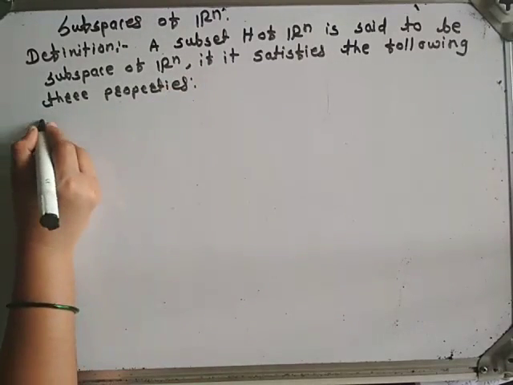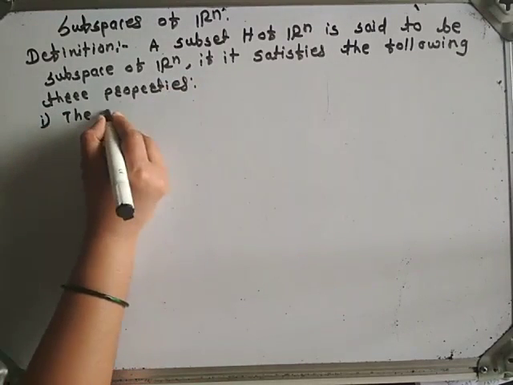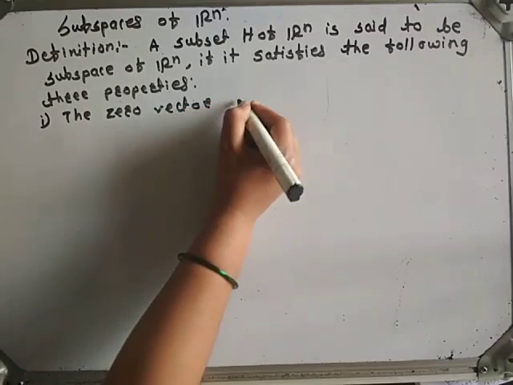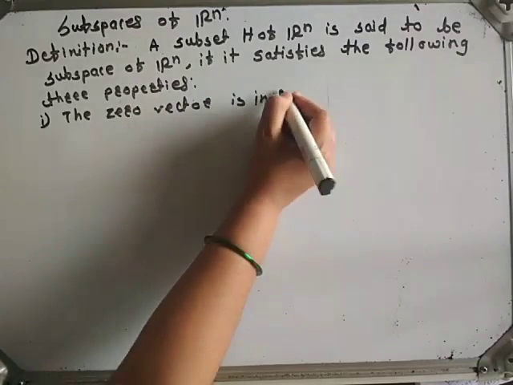First property is the zero vector is in H.